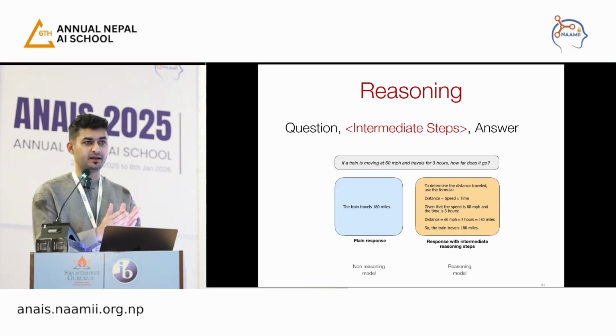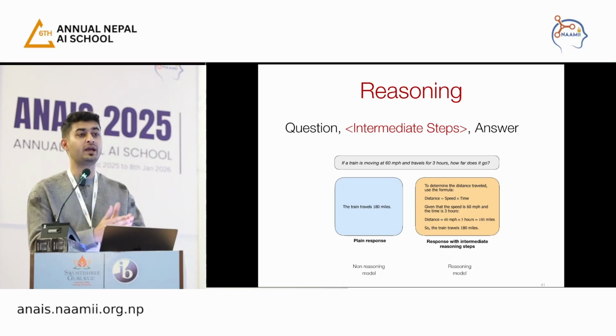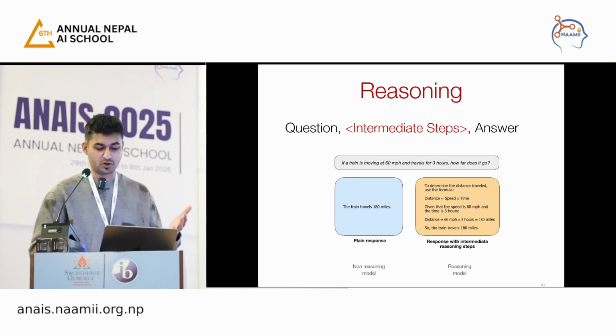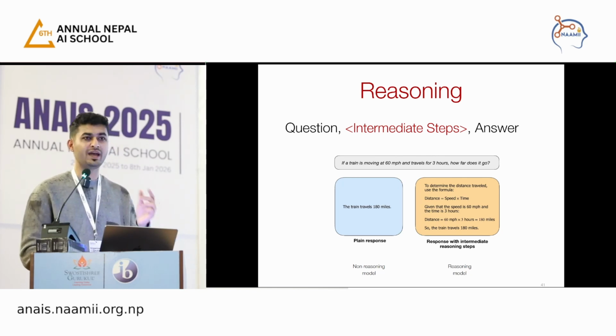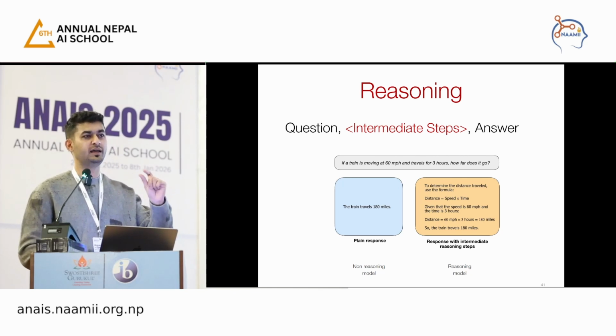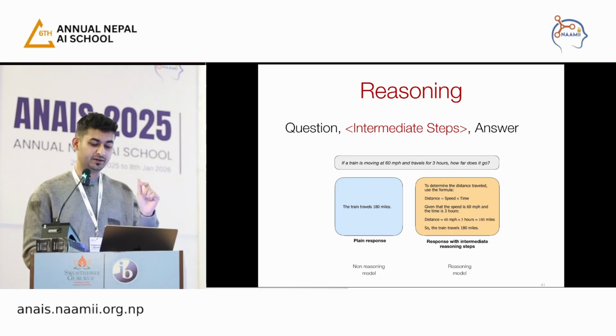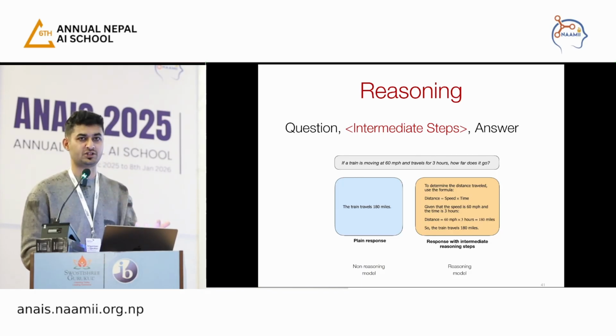Now there come two categories of LLMs. Prior to 2024, we had LLMs that give a plain response for a task. Now we have two classes of LLMs, and in most of the LLM interfaces that you are seeing, like ChatGPT, Gemini, or even Claude, you can enable reasoning. When you enable reasoning, before coming to the final answer, the model gives a rationale, which is the intermediate steps.